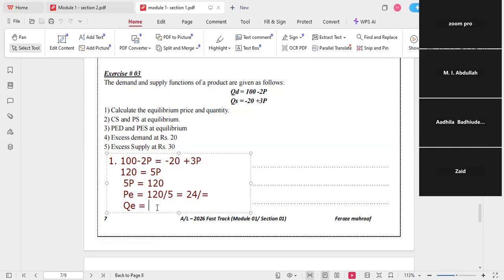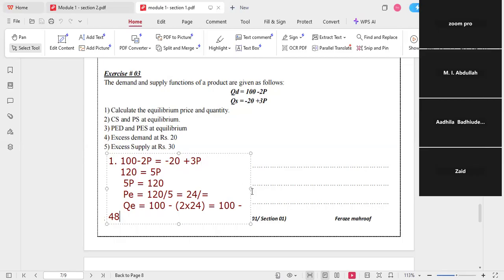Right. So now I am going to substitute this equilibrium price in the demand function. If you wish, you can substitute in the supply function also. So 100 minus 2 into 24. Therefore, 100 minus 48.